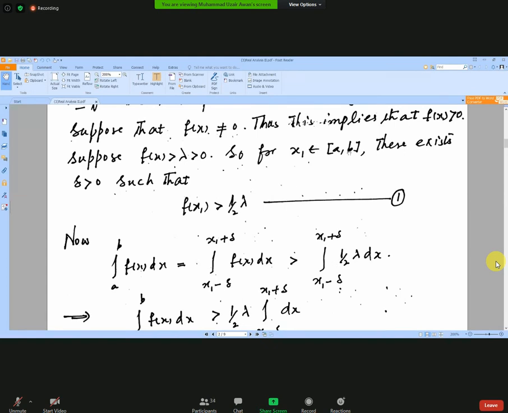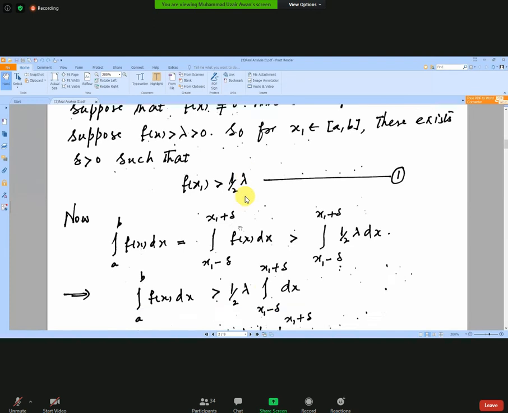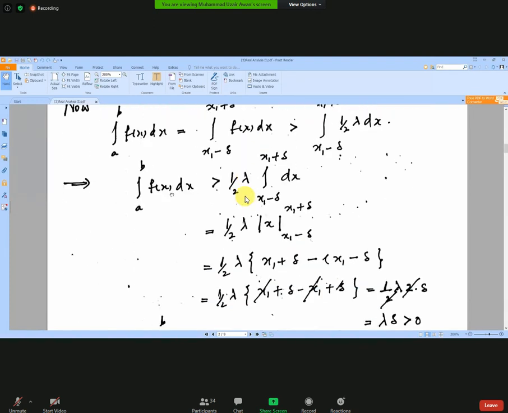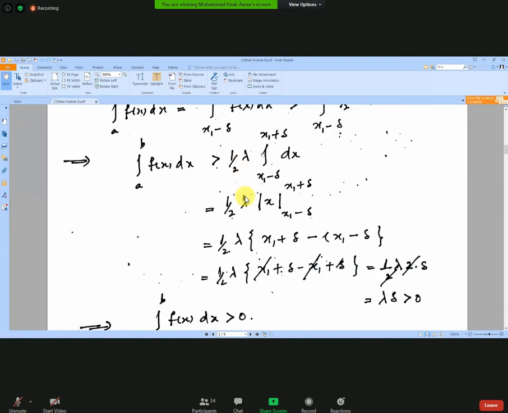Since x1 is any point in this interval, subtracting any positive delta we get a, adding any delta to x1 we get b. So this implies integral a to b f of x dx is greater than half lambda integral x1 minus delta to x1 plus delta dx.